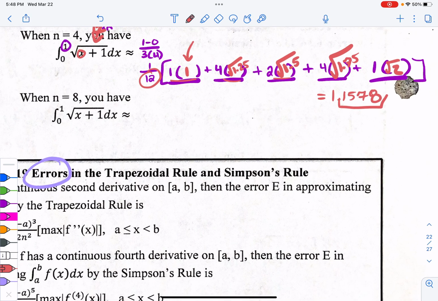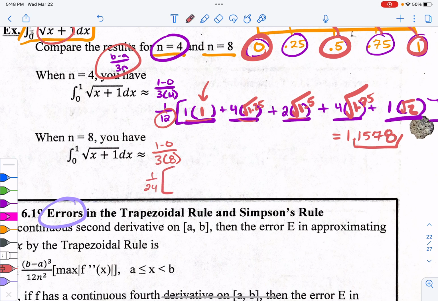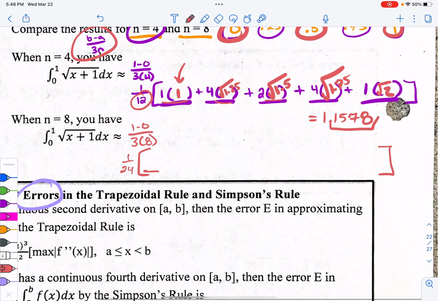Now this one is asking for n being 8. So here's the deal with n being 8. I still do b minus a over 3n. So I have 1 minus 0 over 3 times 8. So this is actually 1 over 24 this time that I'm multiplying by. But when I have n being 8, I have 9 numbers that I'm adding together.